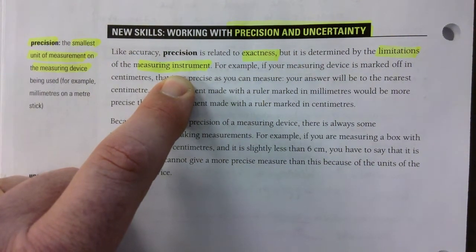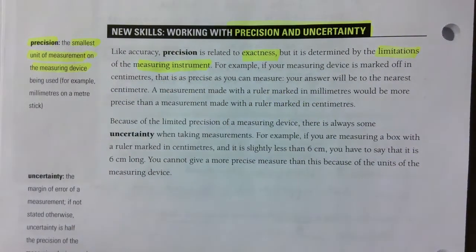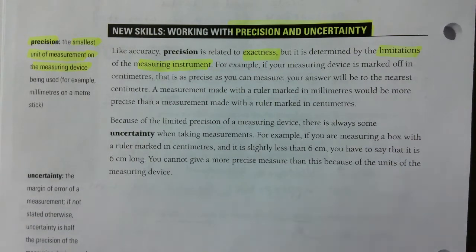Like the bathroom scale we step on to see how heavy you are. Most of them are just 0.1 of a kilogram or 0.1 of a pound, but it doesn't go into smaller units. It's limited to that, right? So if you want to measure how heavy your pencil is on that, it's not going to work for you. You've got to use a smaller scale.